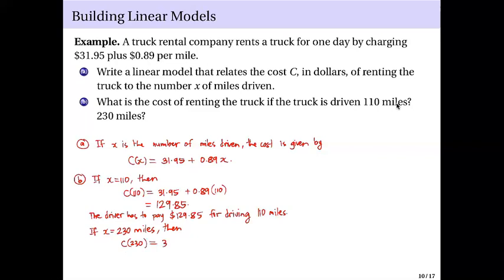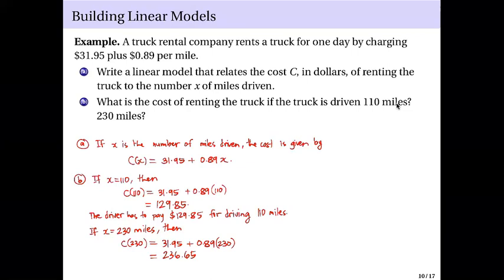And again, this is 31.95 plus 0.89 times 230. So if we compute this, we have 236.65.